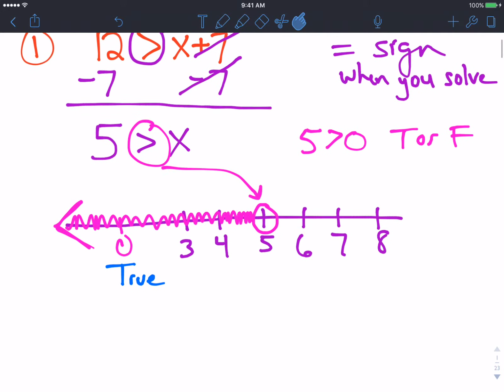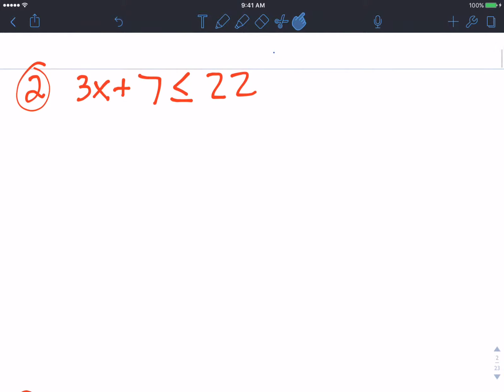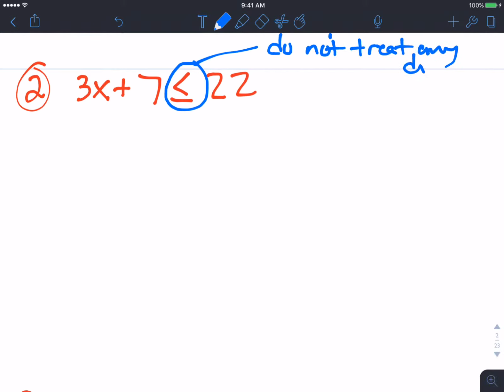Let's take a look at another example. Once again, we're not going to treat this any different than an equal sign.